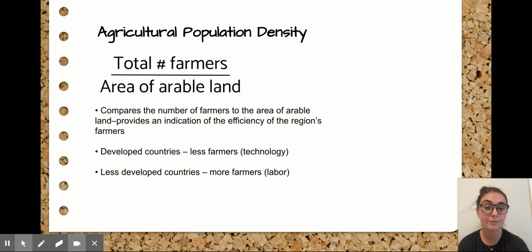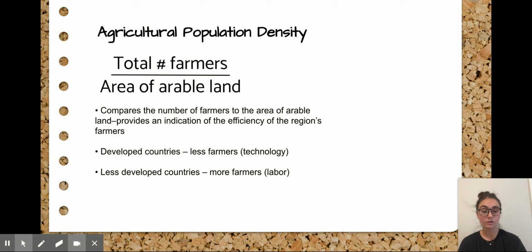The last type of population density is agricultural population density, and this takes the total number of farmers and divides it by the area of arable land. So this compares the number of farmers to the area of arable land and provides an indication of the efficiency of the region's farmers.